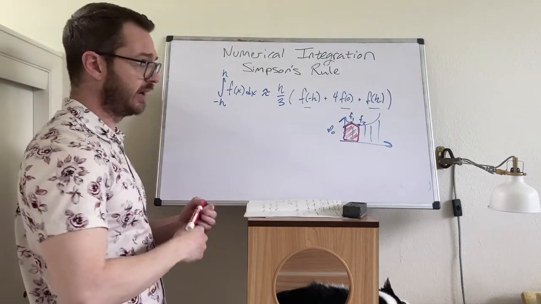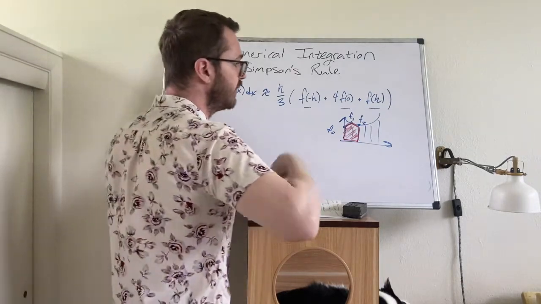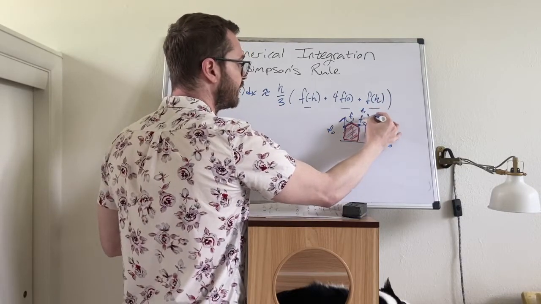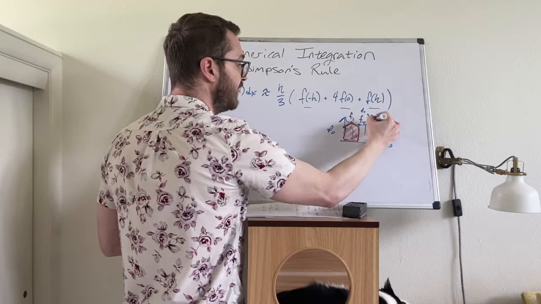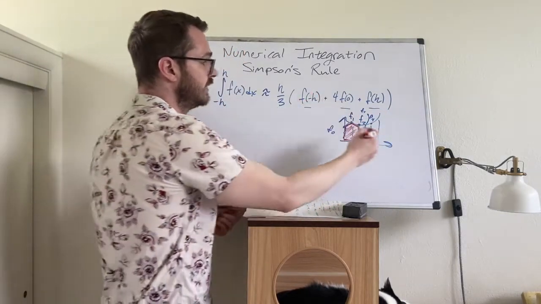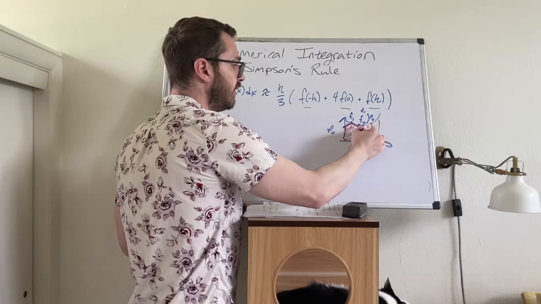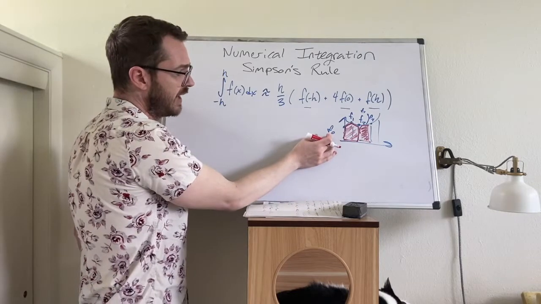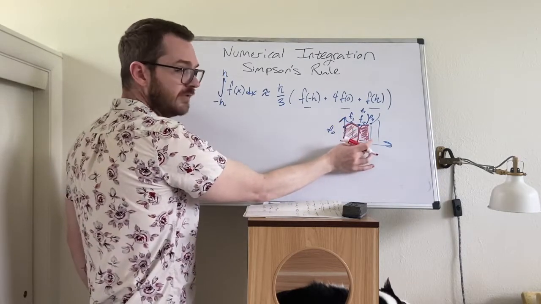And then the next round after that, we would have f3, and then the next point after that would be f4, and we would integrate the area underneath all of these all at once. So the first section goes from f0 through f1 to f2.